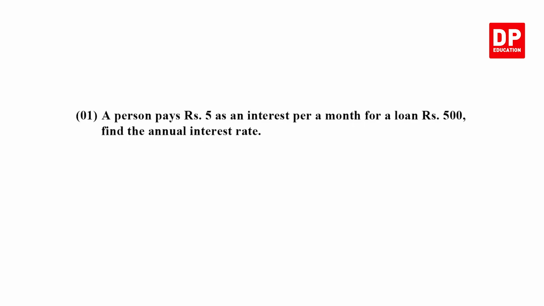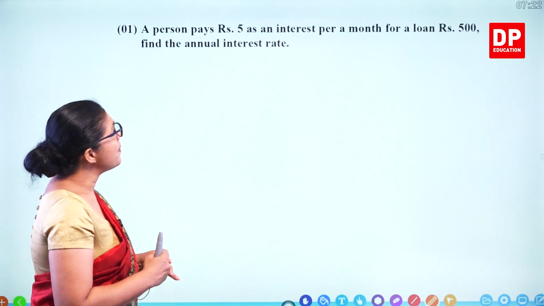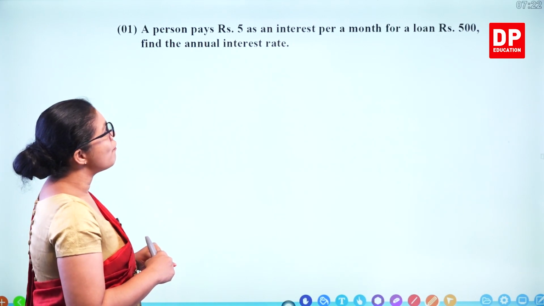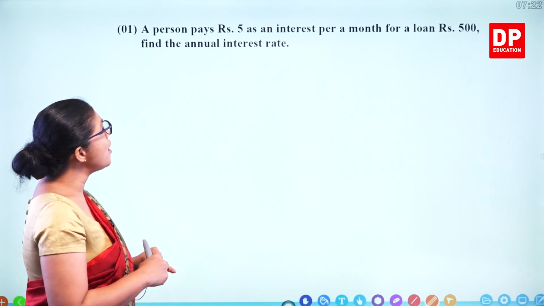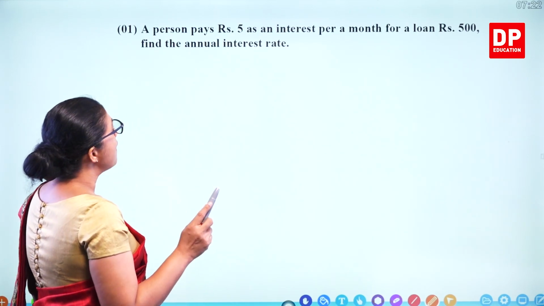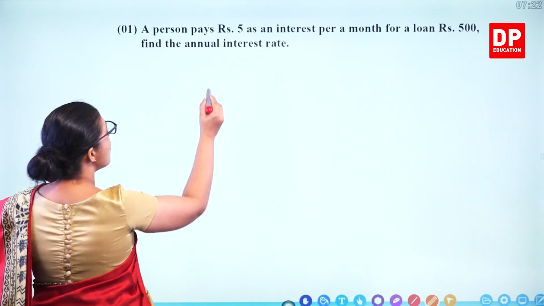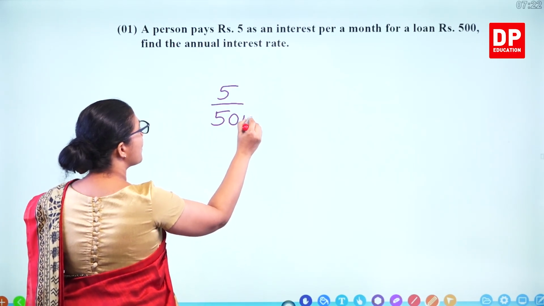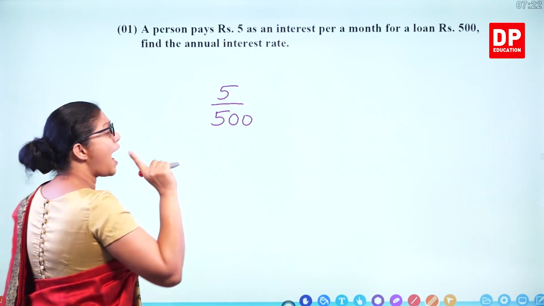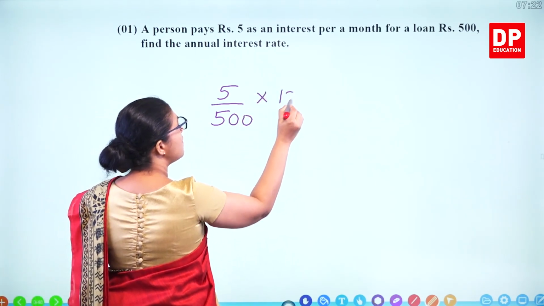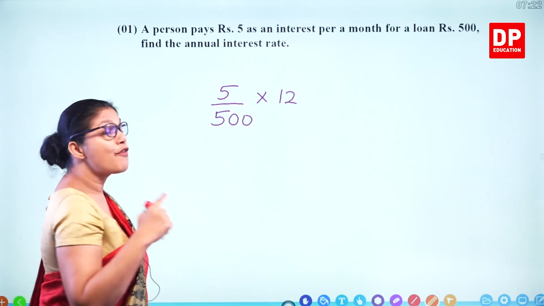Question number 1. A person pays 5 rupees as interest per month for a loan of 500 rupees. Find the annual interest rate. So here 5 rupees for 500. This is for a month. So we need annual interest for a year, 12 months, and as a rate.